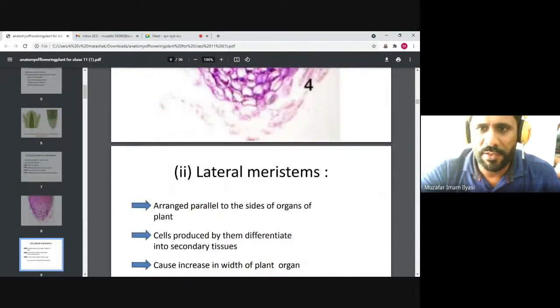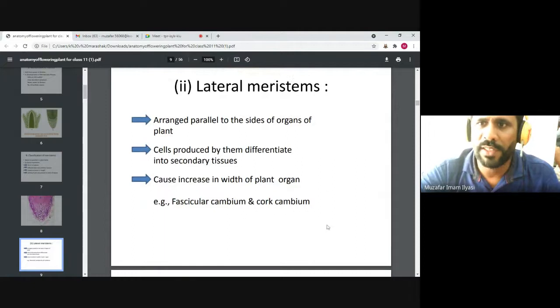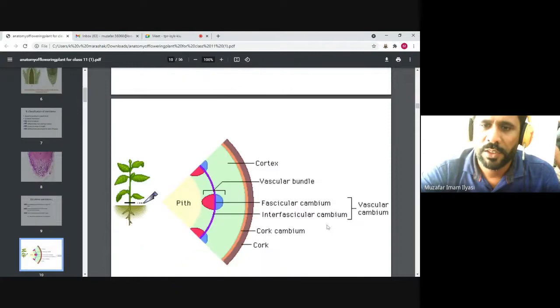And the lateral meristems, on the basis of occurrence, are found on the lateral side, arranged parallel to the sides of the organs of the plant. Cells produced by them differentiate into secondary tissues. They cause an increase in the width of the plant organ, like fascicular cambium and cork cambium, which can be viewed in this slide.